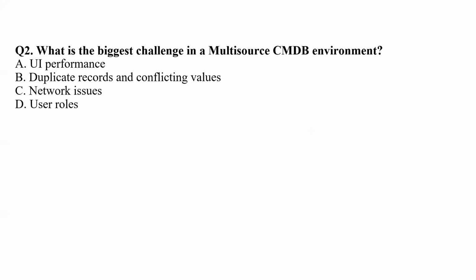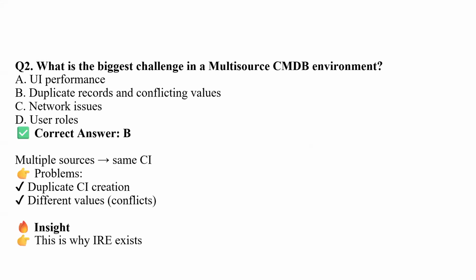The correct answer is B: when data comes from multiple sources, duplicate records and conflicts will automatically occur, because multiple sources have the same CI, which creates the duplicate CI creation problem and different values. It will lead to conflicts. So that's why IRE is there, identification, reconciliation, and engineering, to prevent these issues.